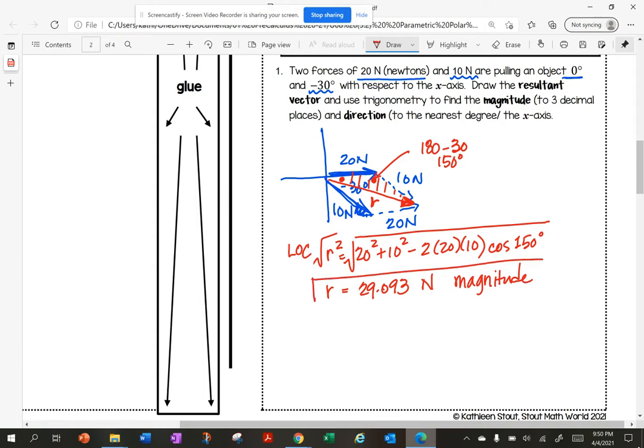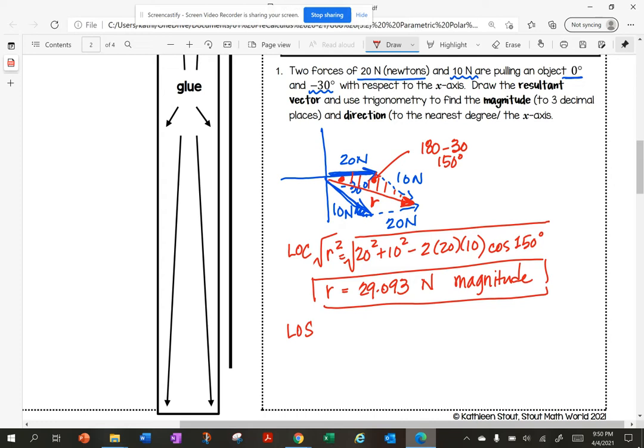Now I want to find my direction. I'm going to use the law of sines, and I'm going to find the angle by the origin. I want this angle here. I know the sine of the angle divided by the side equals the sine of another angle divided by the side.